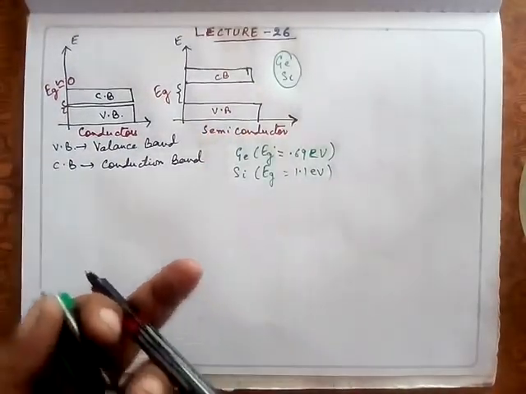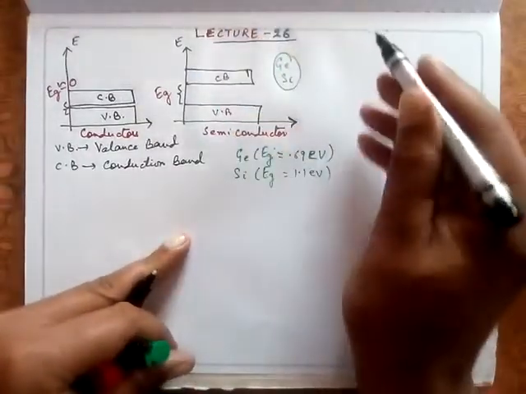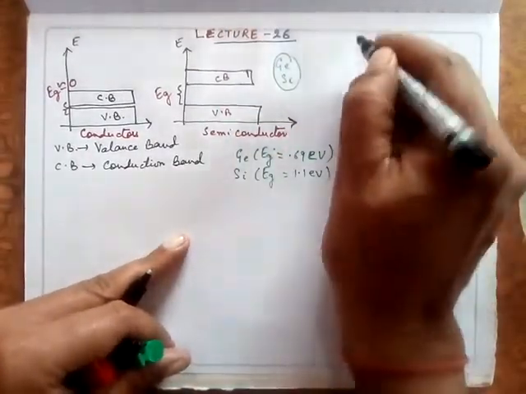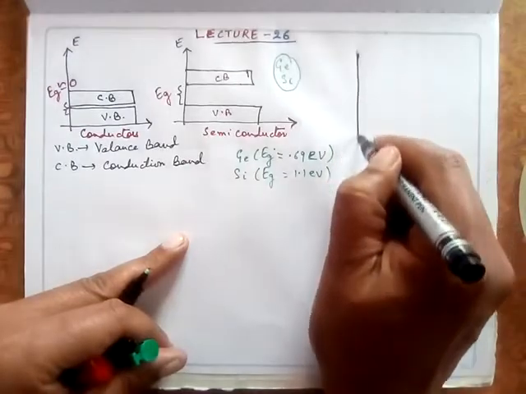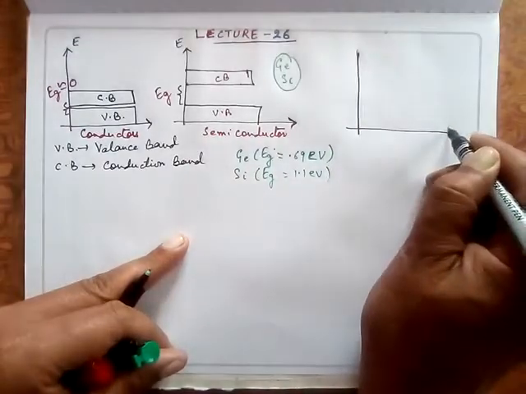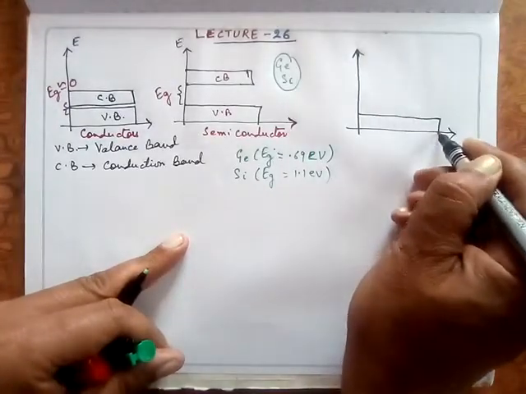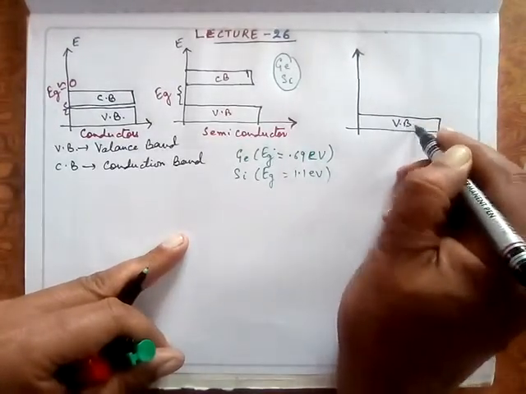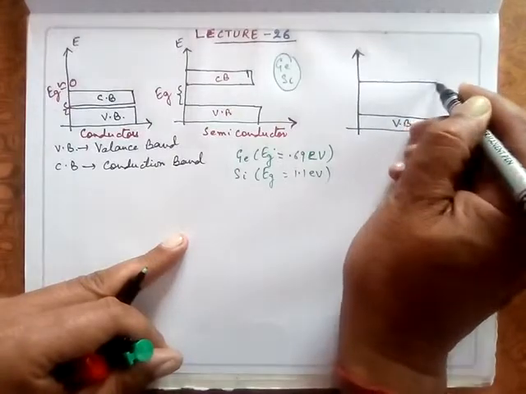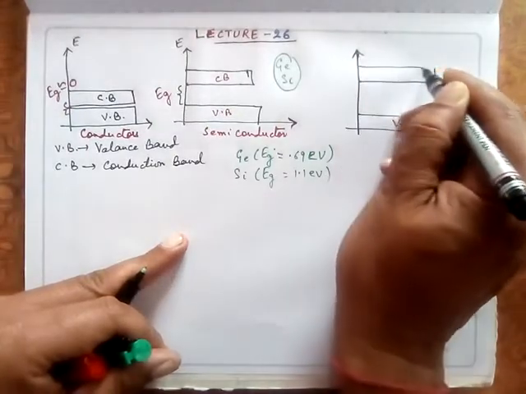On the other hand, if I talk about the insulators, they have a large forbidden band. This is again the valence band VB, and this is the conduction band.